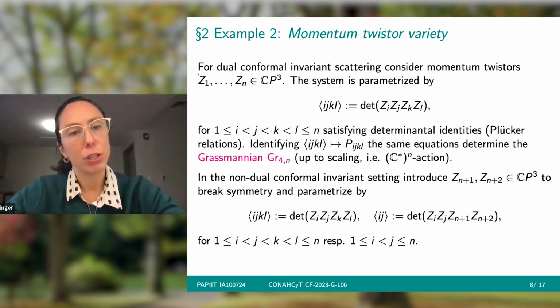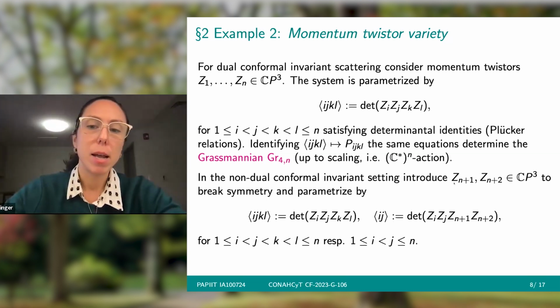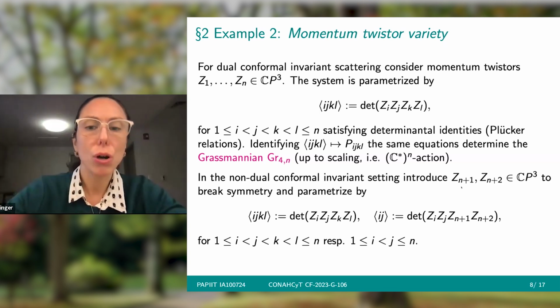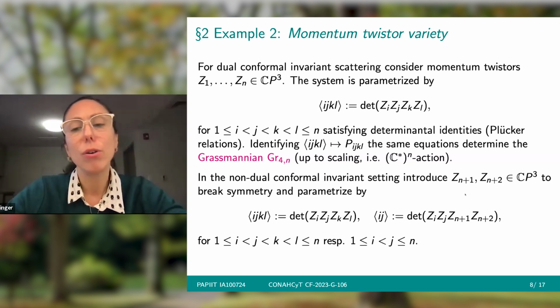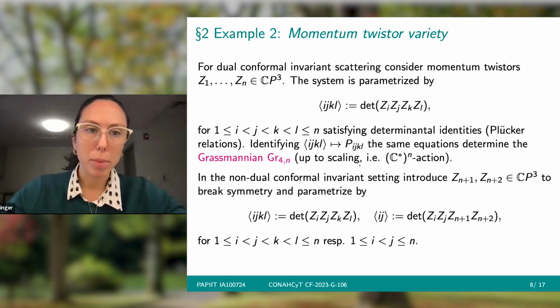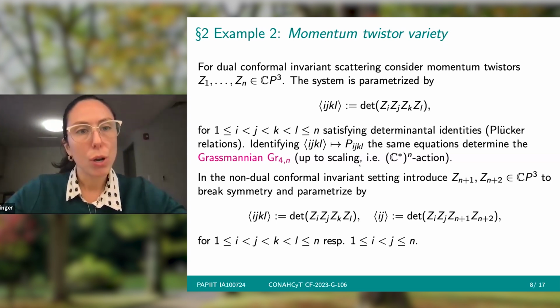So to my configuration of points, I will add 2 more points, Z_{n+1} and Z_{n+2}, but I will require that the functions I'm interested in depend only on the n points Z_1 until Z_n, or the line spanned by Z_{n+1} and Z_{n+2}.